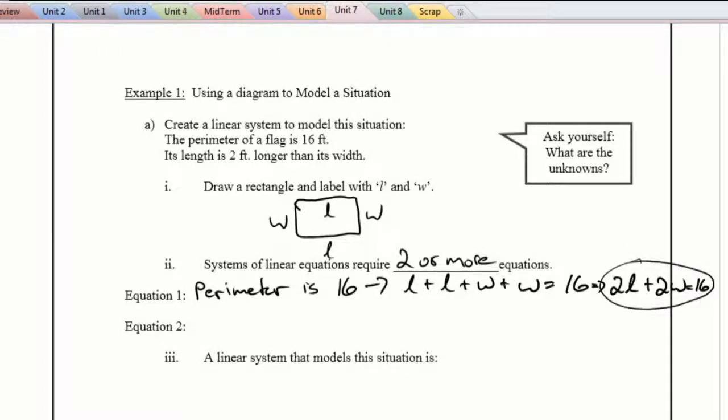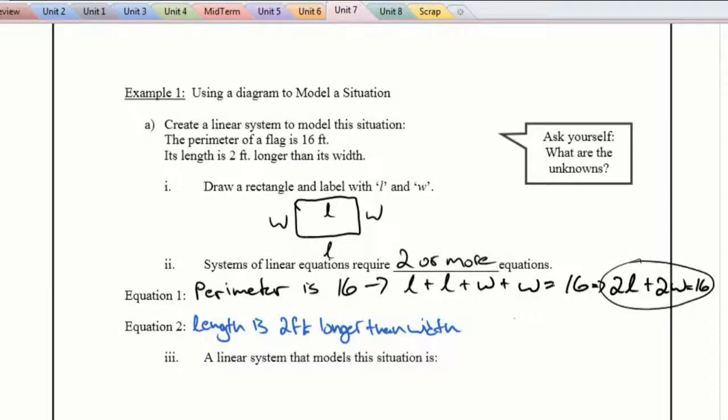Now if we go back to the question, the second thing it says is the length is 2 feet longer than its width. So we have length is 2 feet longer than width. How could I write that as an equation? There's two different ways you could write it.